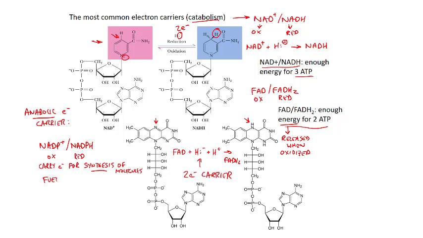So what happens in those cases is our fuels become oxidized to CO2, NADP plus becomes reduced to NADPH, but instead of giving up its electrons to oxygen, it gives them up to oxidized carbon compounds, forming reduced carbon compounds, which can then be used to make biomolecules.